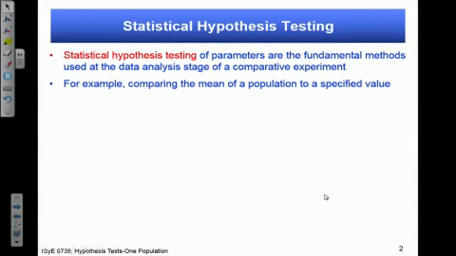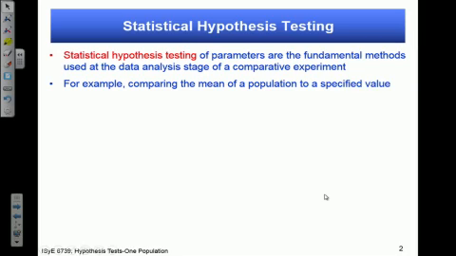Okay? Now, sometimes we want to check a claim about a parameter of the population. For example, we want to see if the percentage of non-conforming parts is less than a number or not.